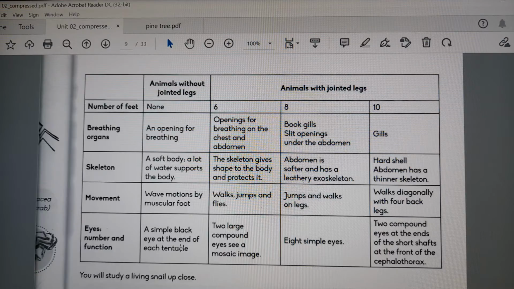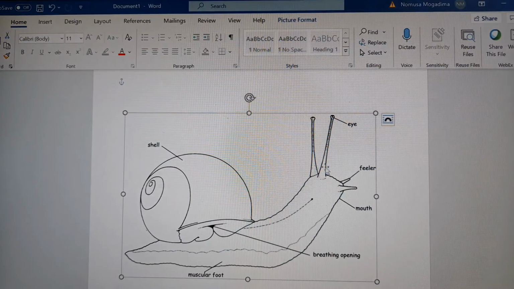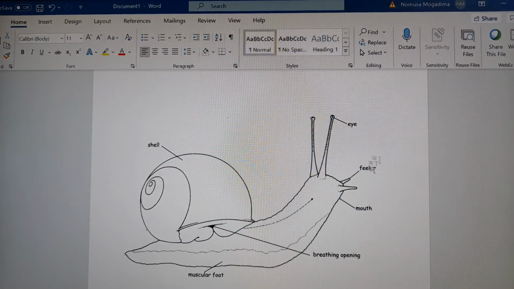Now let's look at the diagram of the snail so that you can see. We have the shell, and we have the muscular foot, and we have the breathing opening that the snail uses. We have the mouth, and we have the feelers.